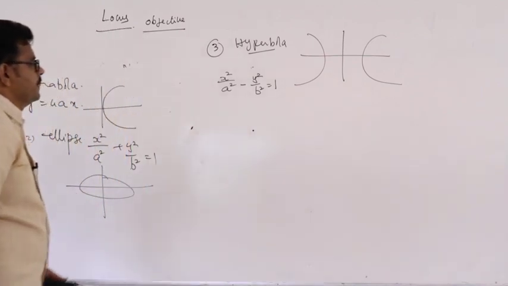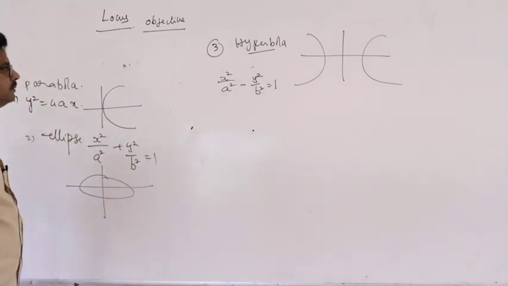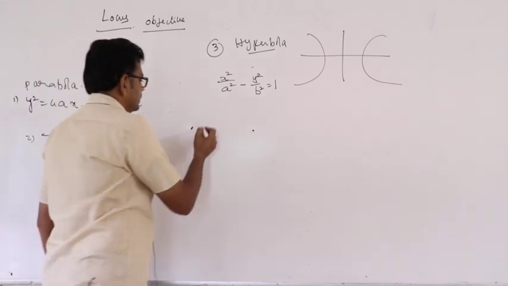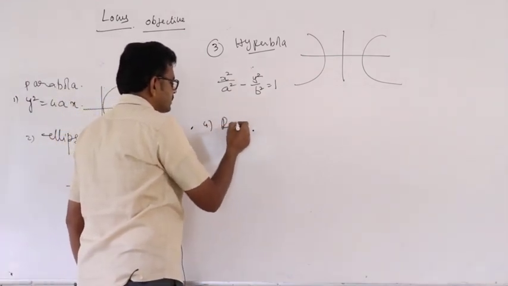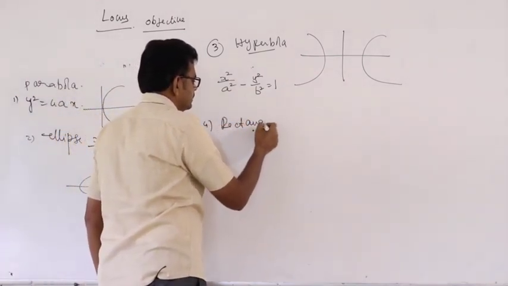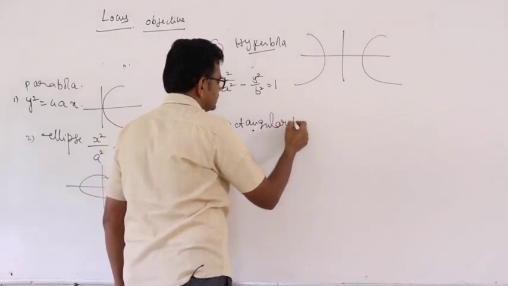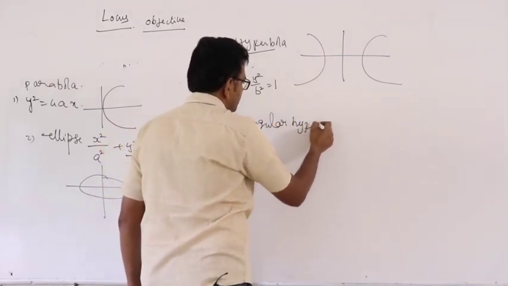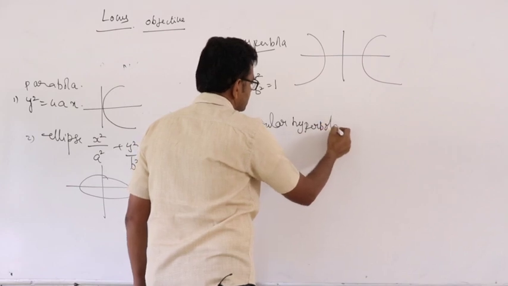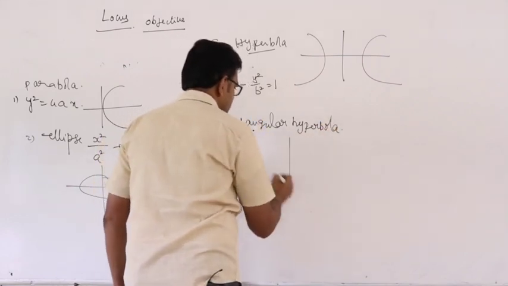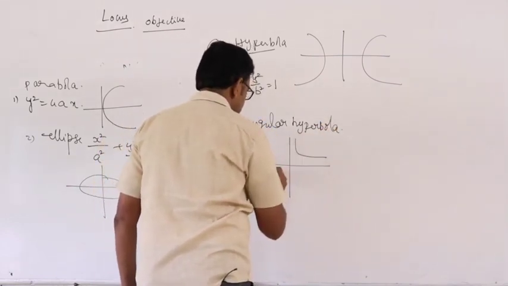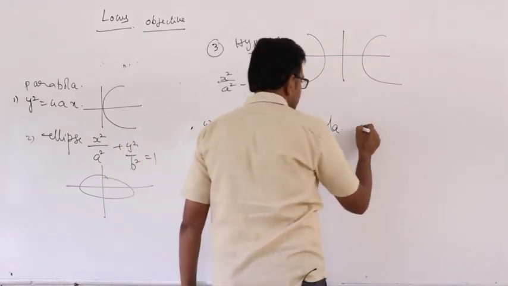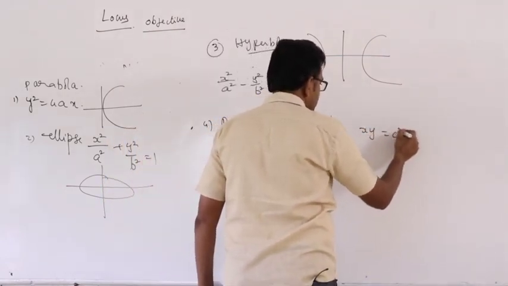Next one is rectangular hyperbola. The standard equation is xy = c².